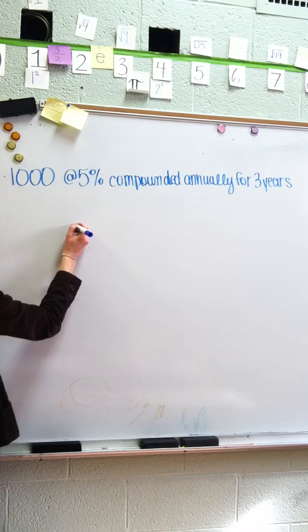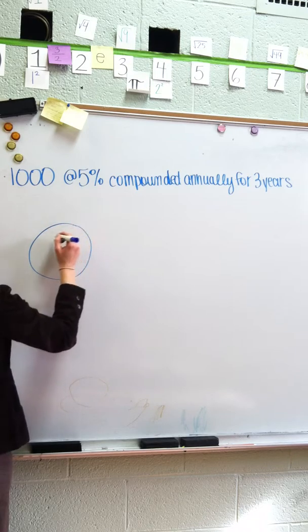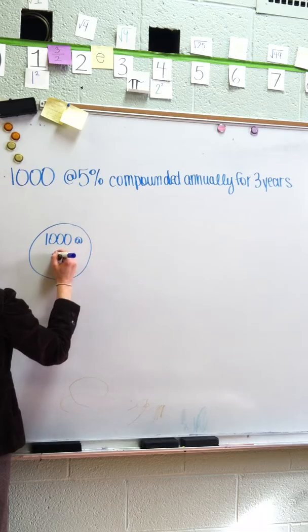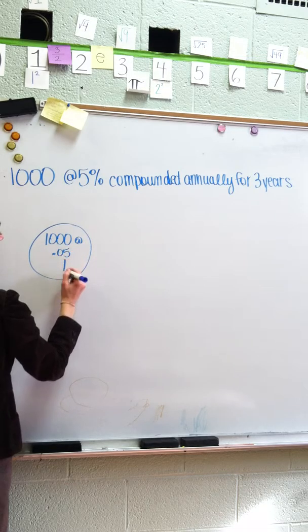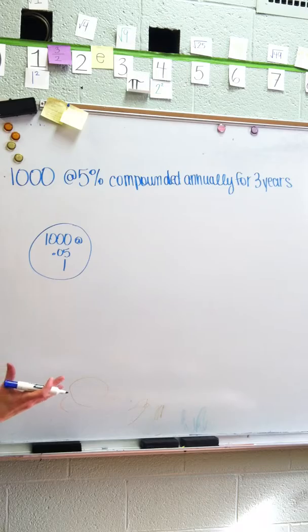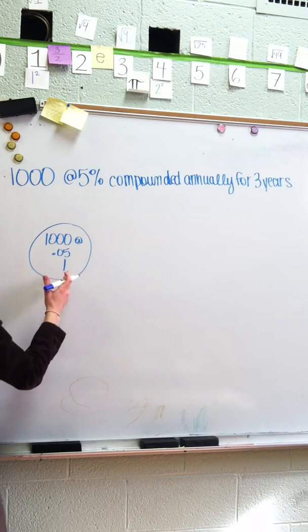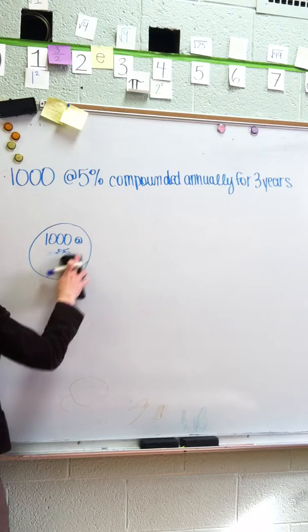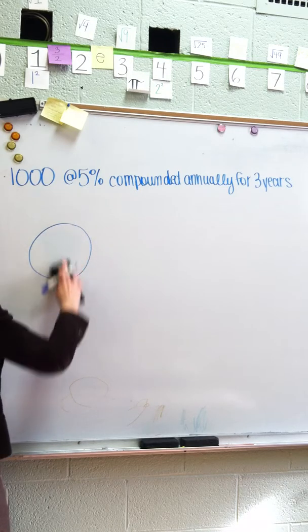I've got my original amount, 1,000, at 0.05 for 1 year. So at the end of 1 year, what is in this snowball is 1,000. Let me erase that. Sorry, I should have organized this better for you.